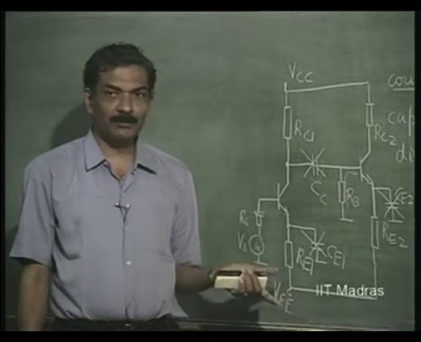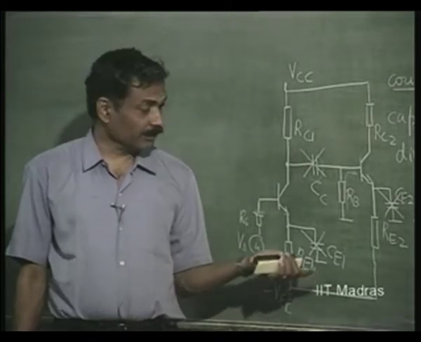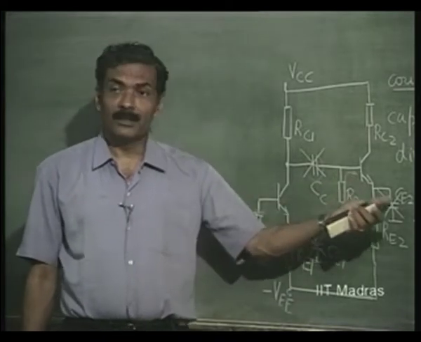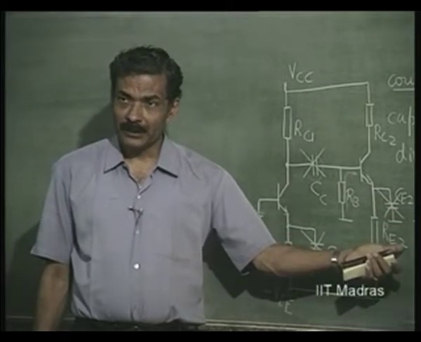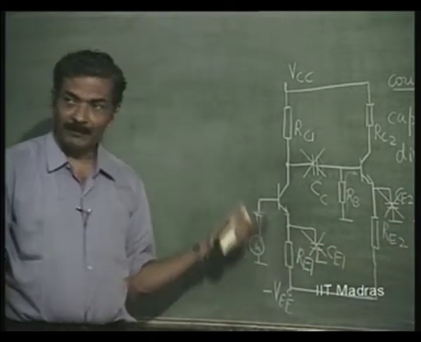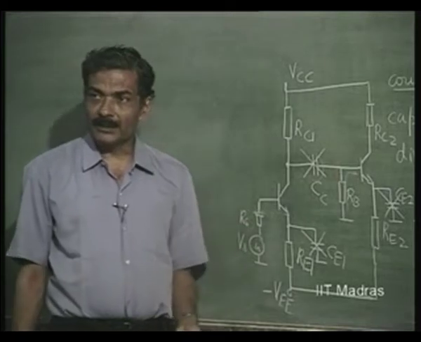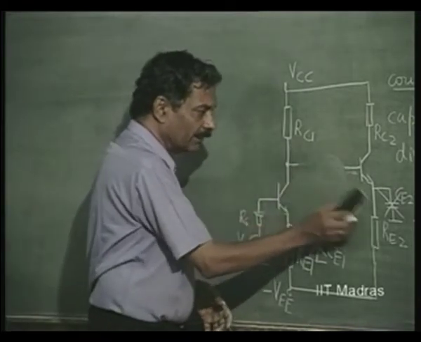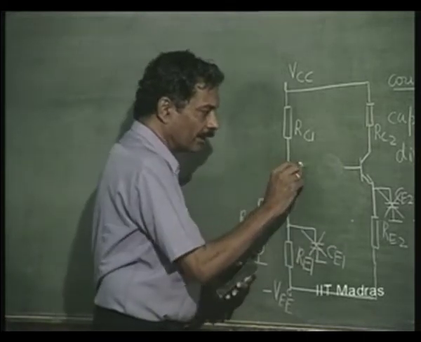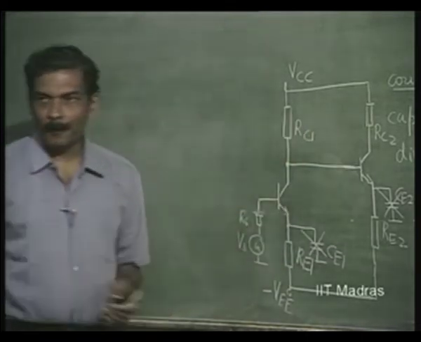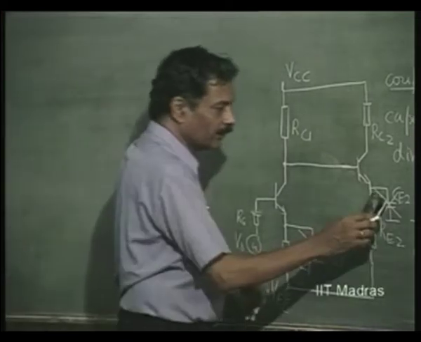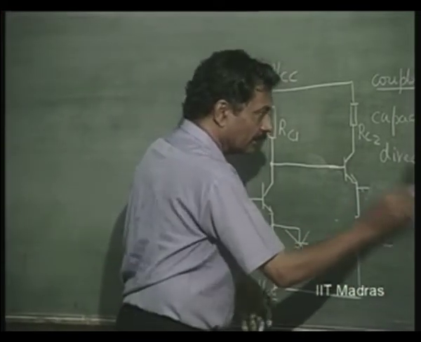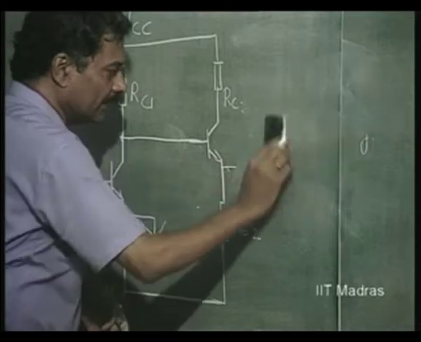If you say that it must be used, it should be put externally. If it is to be put externally, imagine the number of terminals I have to bring out. So, just for an amplifier I might have to bring out several terminals. So, this is avoided by simply direct coupling. We will come to this later. So, coupling is made direct.